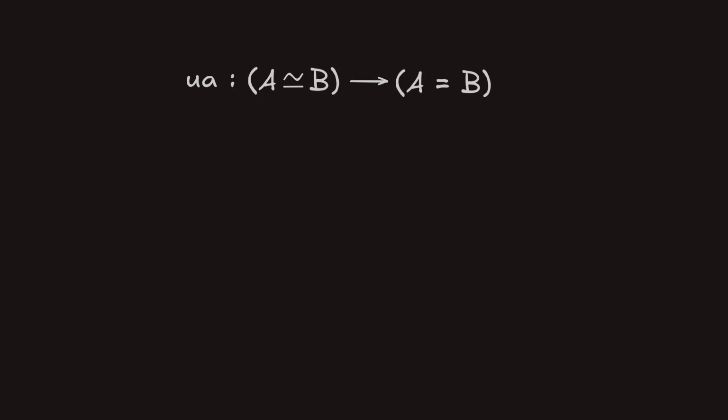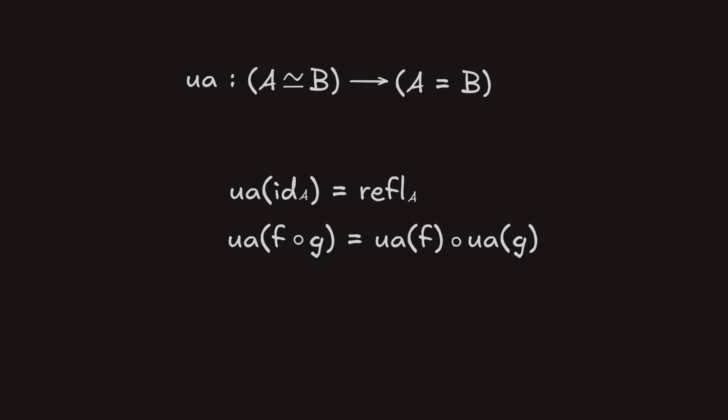For example, UA of the equivalence id A is equal to refl A, and UA of F composed with G is the path UA of F composed with UA of G. And if we apply UA to the inverse of F, we get the inverse of UA of F.